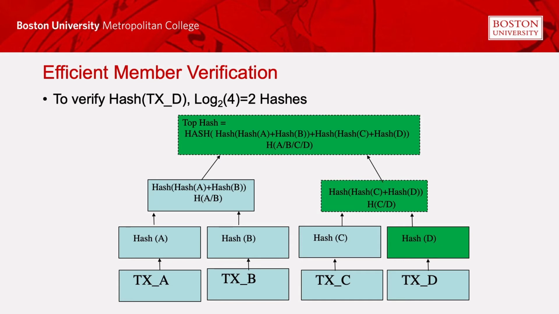What this relies on is this Merkle tree structure, and there's a property of a Merkle tree that says if you take the log to the base 2 of the number of transactions, that will yield how many transaction hashes you have to verify to tell a given transaction is in the tree. So basically, in our idealized example where we have 4 transactions, we only have to verify 2 of those hashes to verify that our transaction D, for example, in the case shown in the slide, is contained in the tree.